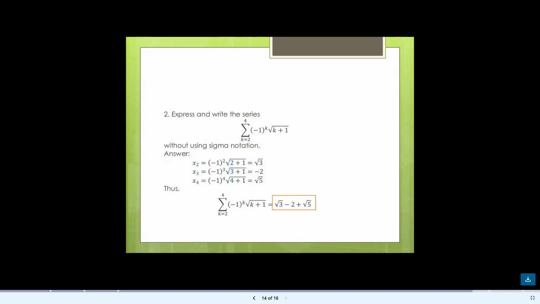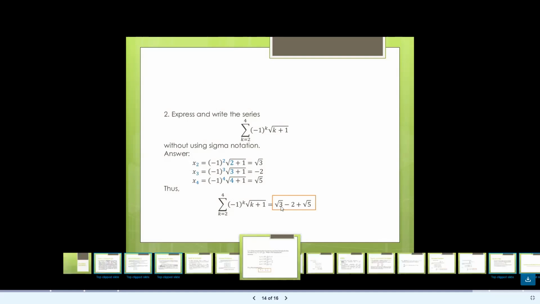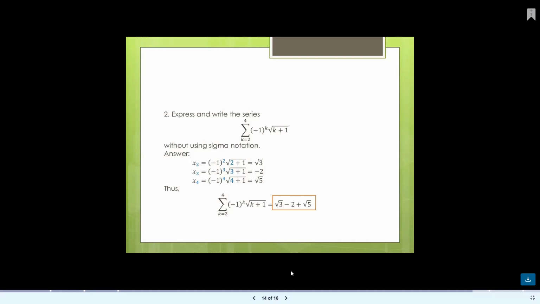It can start from 2. Later on, you can even see that k can be a negative number. So let's not go that far. So you have k equal 2, k equal 3, k equal 4, and you have those values when you work them out. Of course, you can't really simplify this much further.